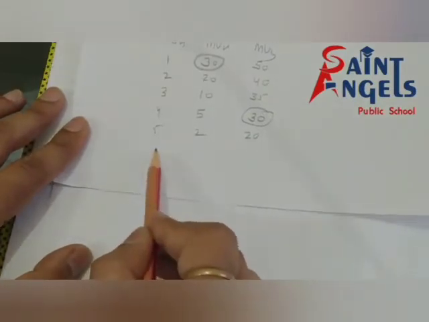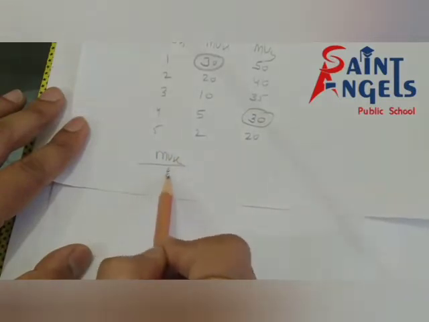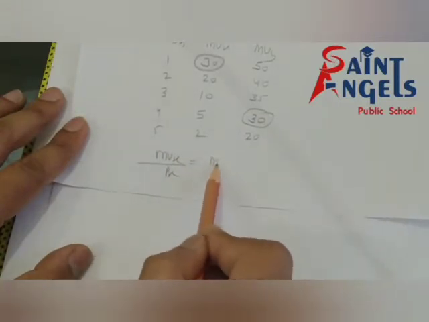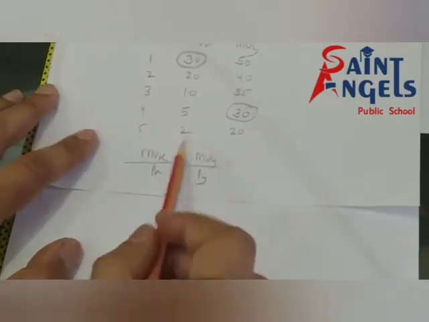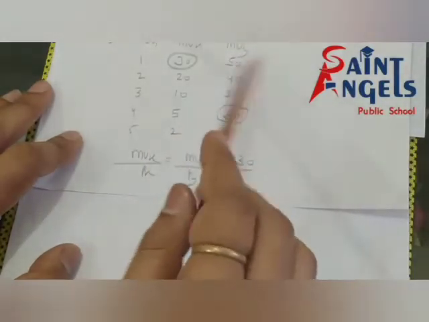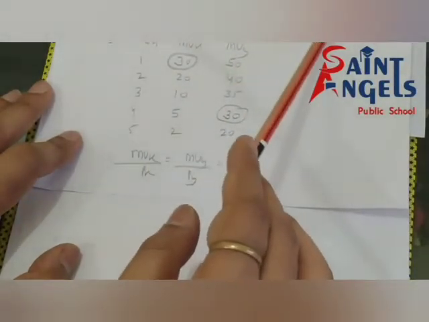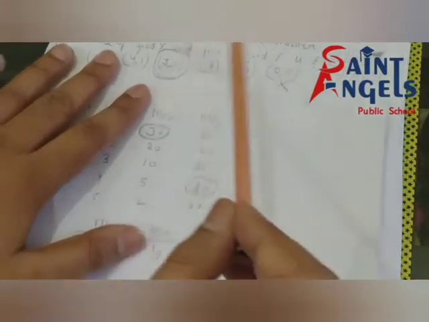What is the condition of consumer equilibrium in case of two commodities? MUx upon Px is equal to MUy upon Py. See here, MUx is 30 utils and Px according to my example is rupee 2 each.